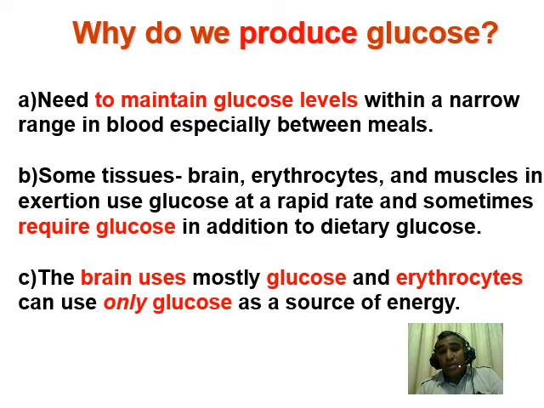The reason the body makes glucose itself is simply because the brain and also the red blood cells require plenty of glucose.